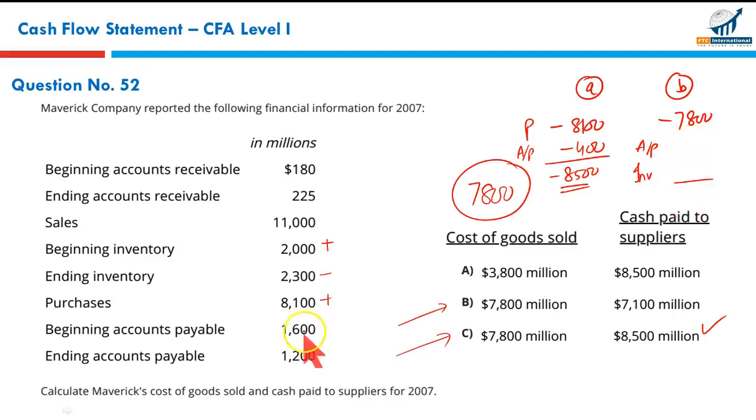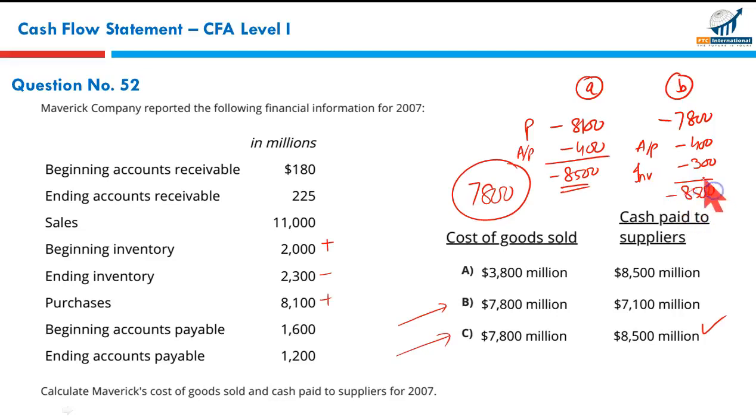Now let's see that. Accounts payable has fallen over the period. The reduction in accounts payable means it's an outflow. By how much? 1,600 to 1,200, 400. Inventories have gone up from 2,000 to 2,300. An increase in an inventory item means it's an outflow. Combining these all will give you the exact same answer.